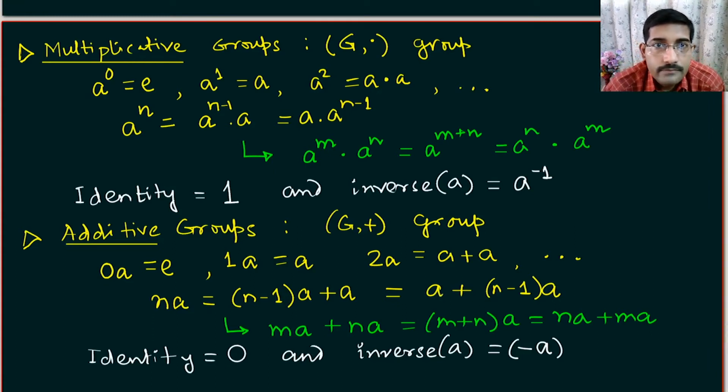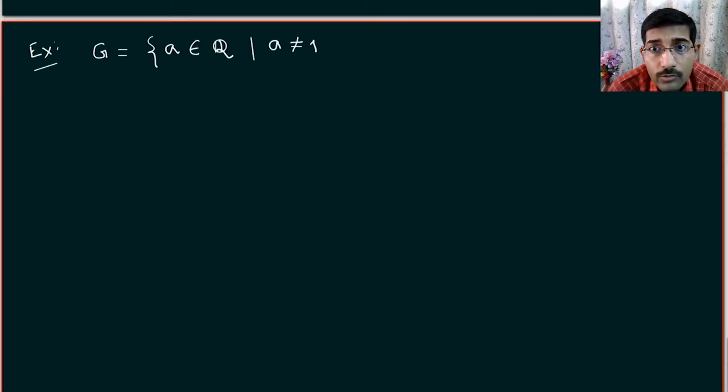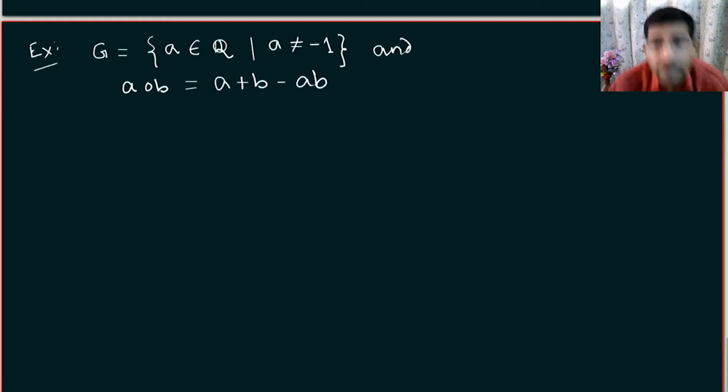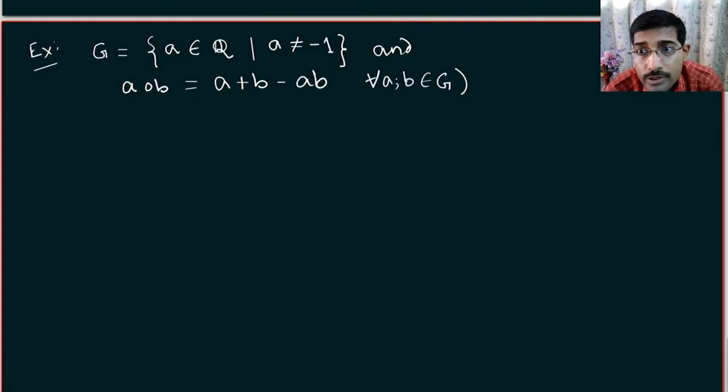Let us see a particular example that I will give for you to do. Let's say the group that I want to declare is over the set of elements that belong to Q, the set of rationals, such that this is not equal to -1, and I declare the operation between two elements as A added with B subtract A into B, for all A, B belonging to G. So this is my operation.